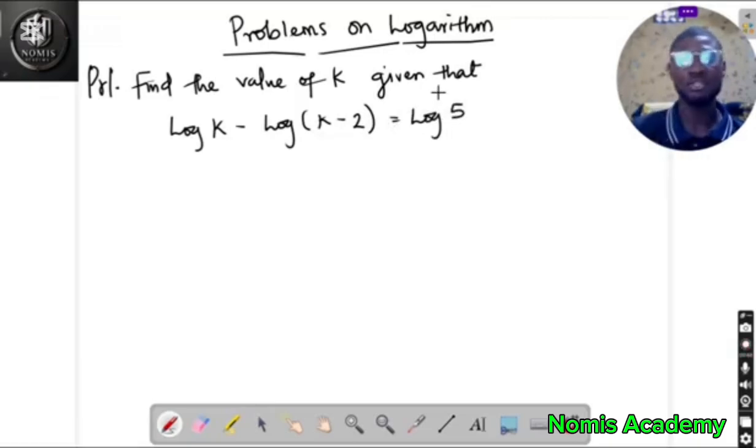So you can see that in this question, we are not given the base of the log.